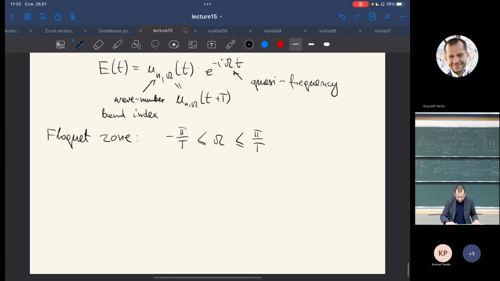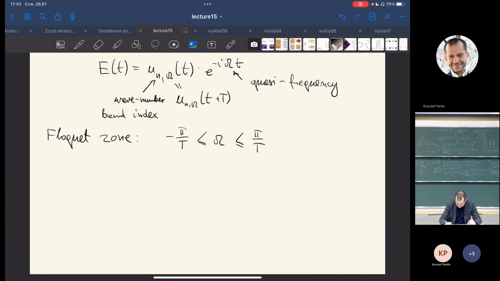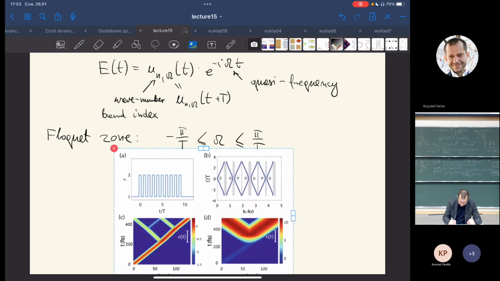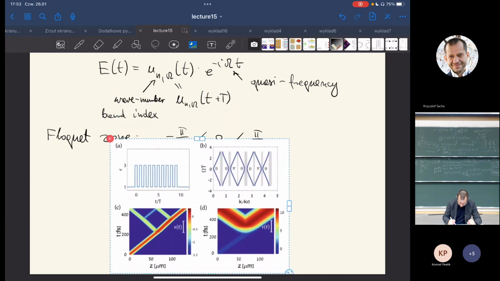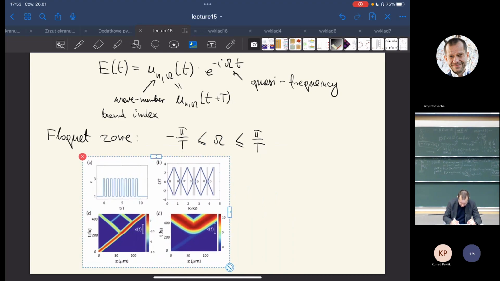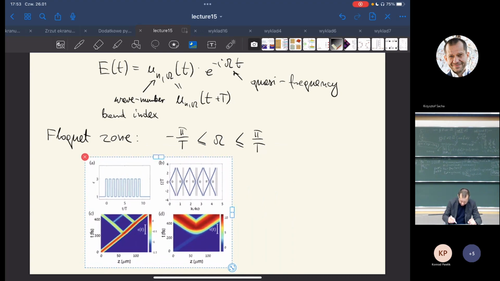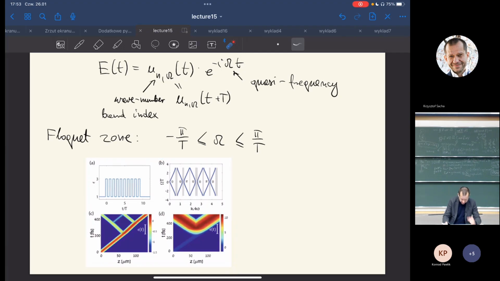And now let us consider the following example, where we have periodic changes of the dielectric constant, but it changes in a similar way as in the former case for the photonic crystal in space.